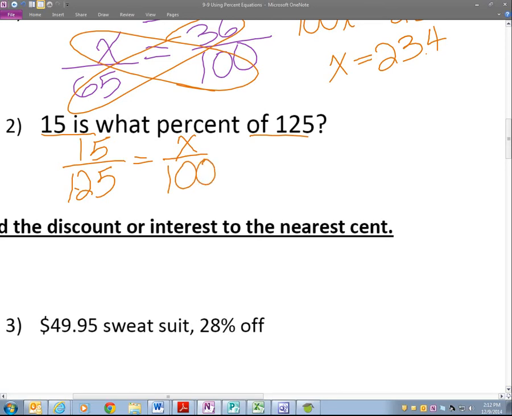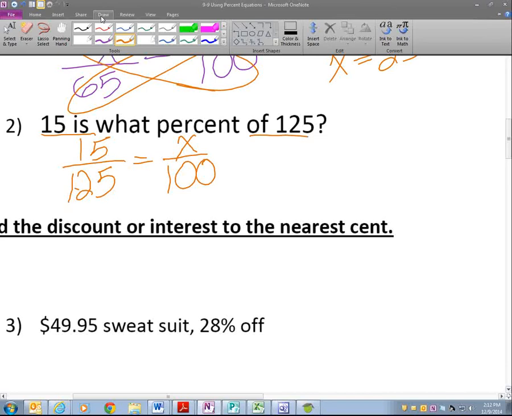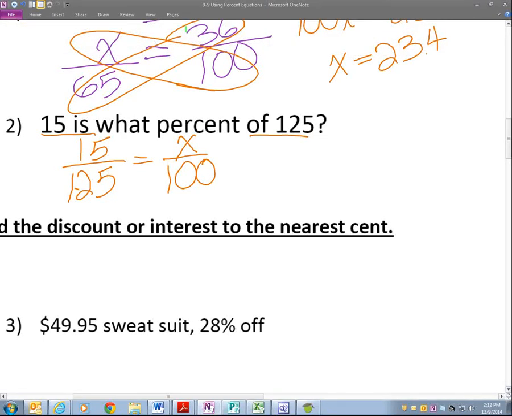Yes, ma'am? When do you know when it's supposed to be like that? We have our identifying words that you did a couple days ago, as it showed in the notes. Of is often related to the whole, W-H-O-L-E.